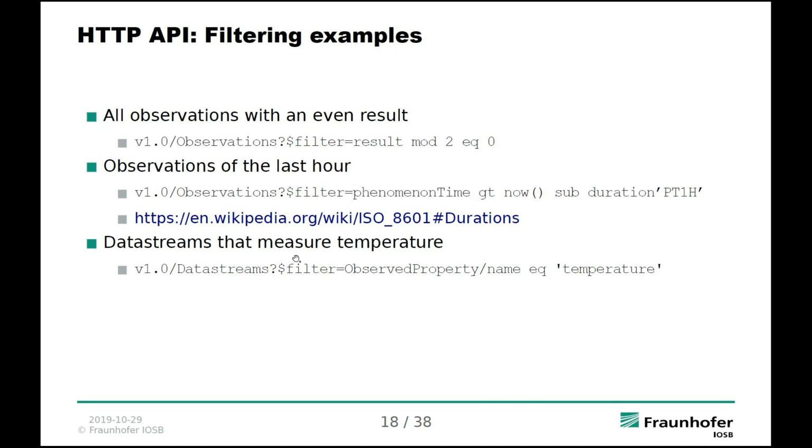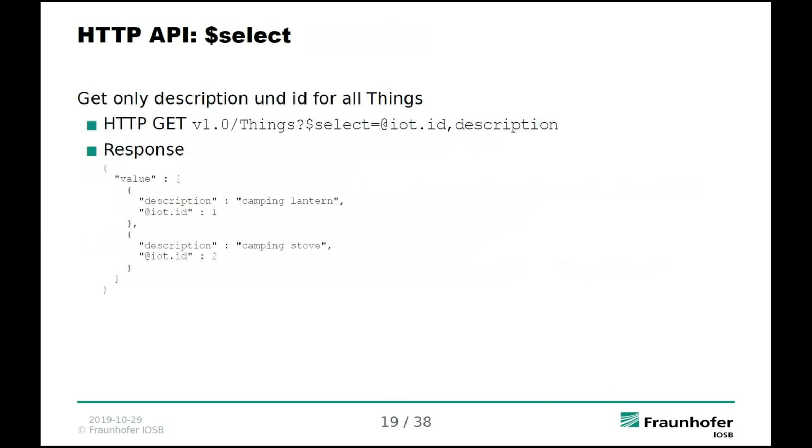You can also follow navigation links: here I'm filtering datastreams on the property name of a related observed property. And of course, you can combine all of this and make quite complex queries.